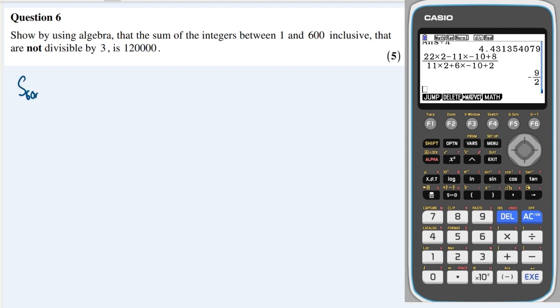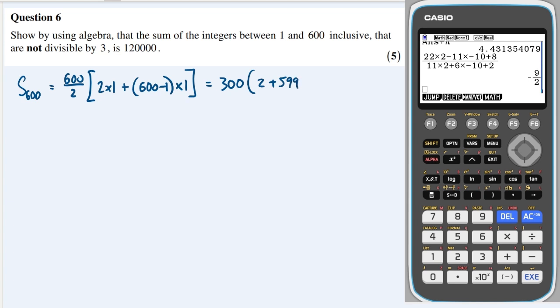So the sum up to 600, if I'm counting all the numbers, will be 600 over 2 multiplied by 2 times the first number 1 plus 600 minus 1 times the difference of 1. So this is going to be 300 times 2 plus 599.